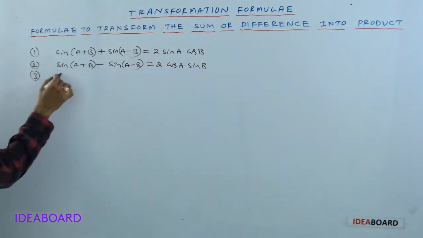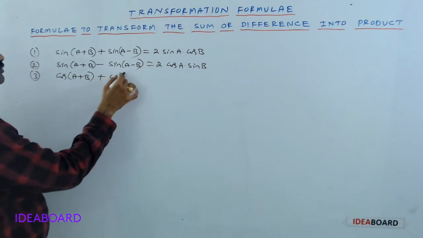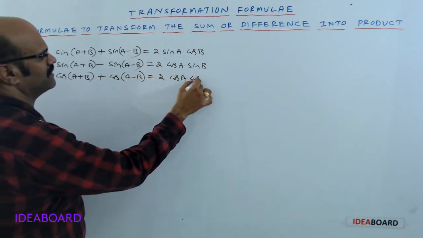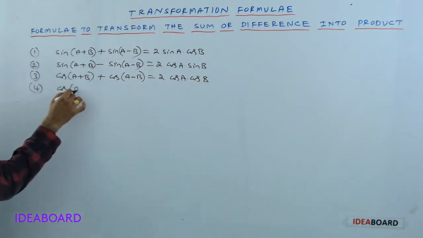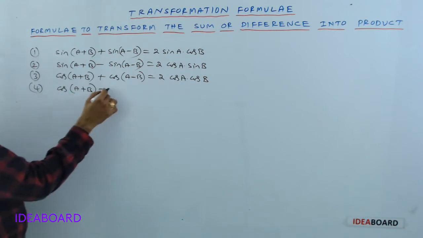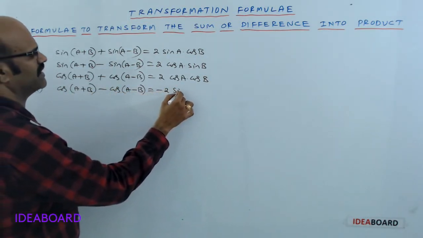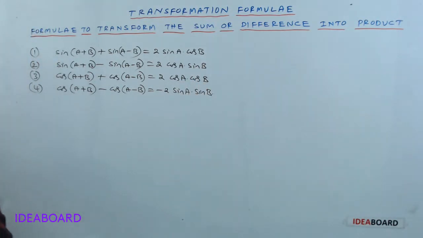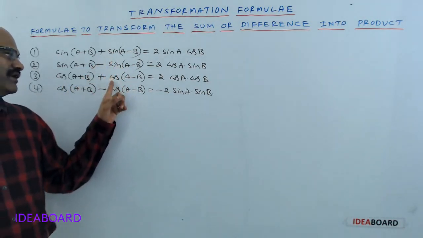Third: cos of a plus b plus cos of a minus b equal to 2 cos a into cos b. Fourth: cos of a plus b minus cos of a minus b equal to minus 2 sin a into sin b. These are the 4 formulae we have got.